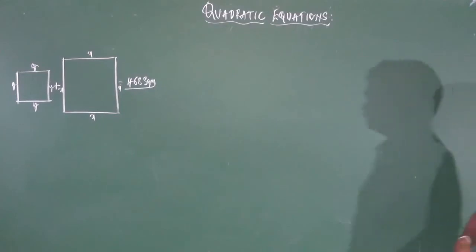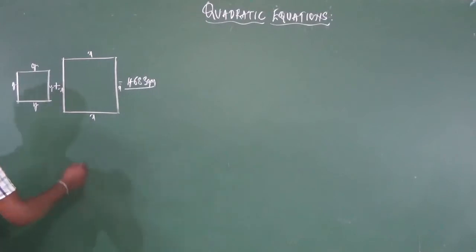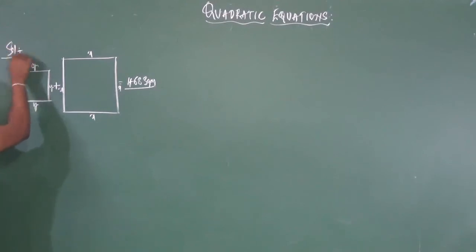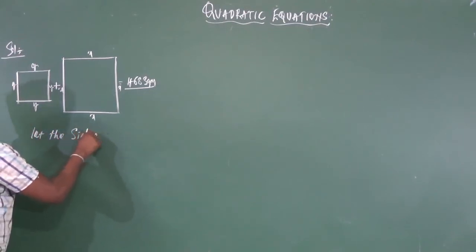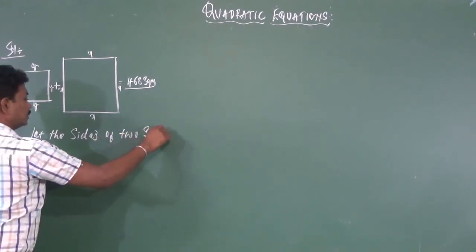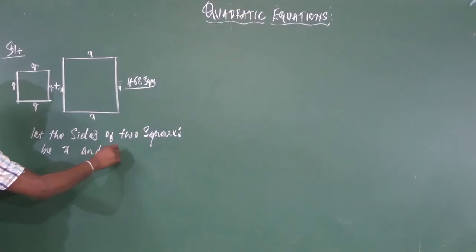Alright. Now the sum of the areas of the 2 squares is, so let us guess the side of one square and let us guess the side of another square. So let us get into the solution. So let the sides of the 2 squares be x and y.